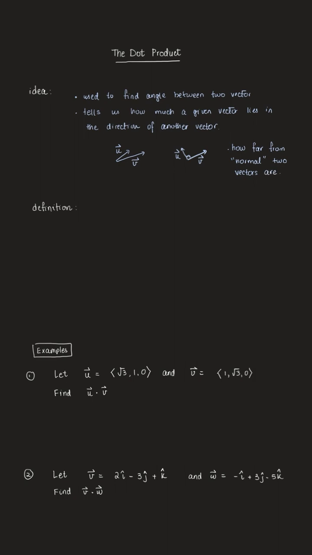We will find that the more aligned two vectors are to one another, so the smaller the angle between them, the larger the value of the dot product, either positively or negatively. If the angle between the two vectors is 90 degrees, then we have the smallest possible absolute value of the dot product. We'll see that the dot product will actually be 0 when two vectors are perpendicular to each other. We'll explore that throughout this section.